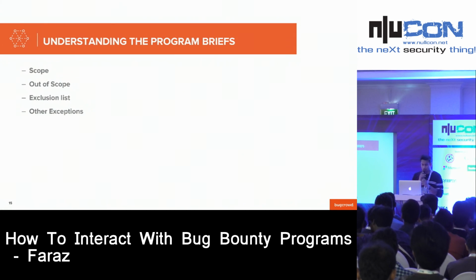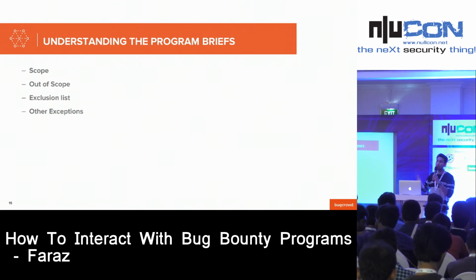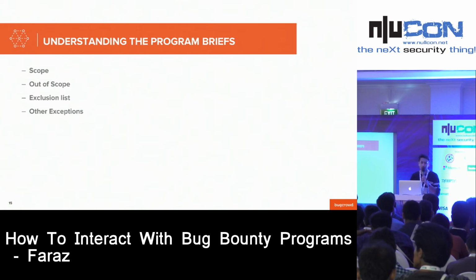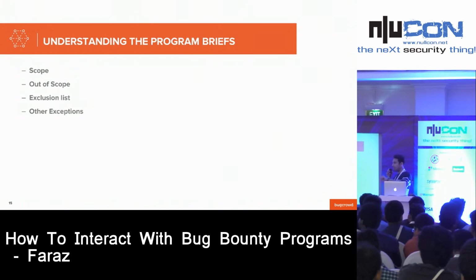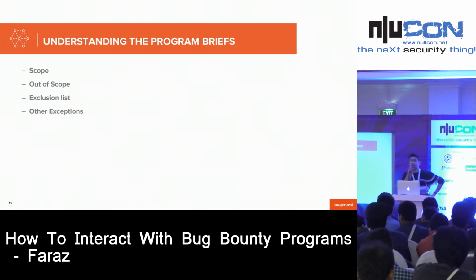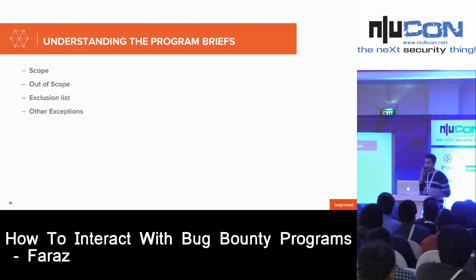Okay, understanding the program briefs. There are many researchers who don't go through the program briefs before they start doing bounty. So, scope and out of scope. Adam has already explained a lot about scope and out of scope. But you see, when you start checking the scope, you see start.something.com, so you think all the subdomains are in scope, right?